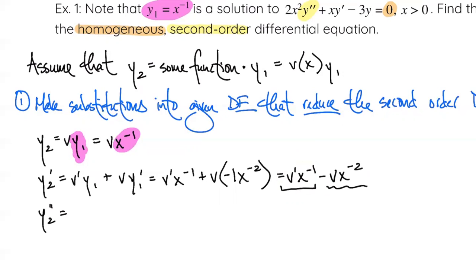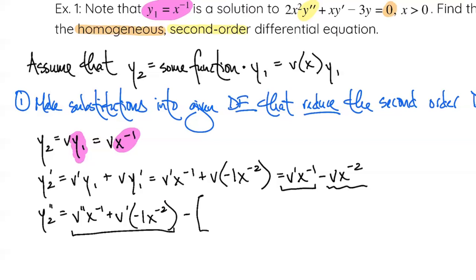So I'm going to take the derivative of the first clump, v double prime x to the negative 1, and then plus v prime times negative 1 x to the negative 2. All right, we'll take the product rule of the second clump. I'm going to put parentheses around this because I see that minus sign in front.